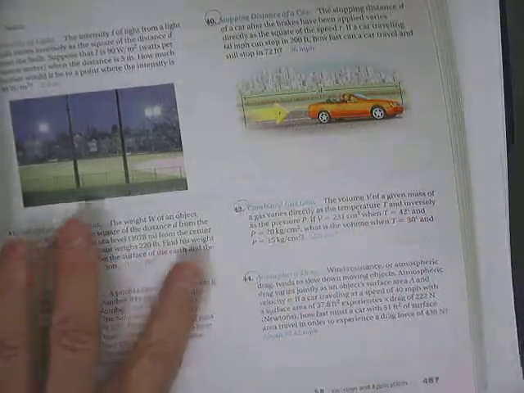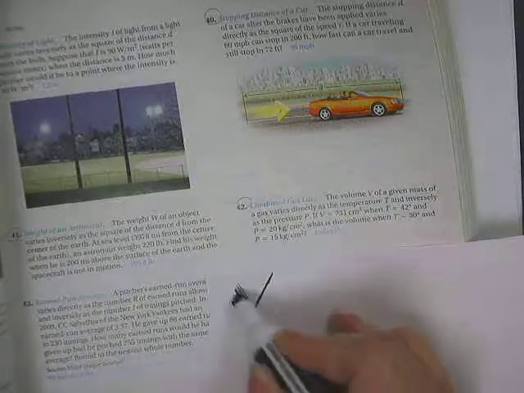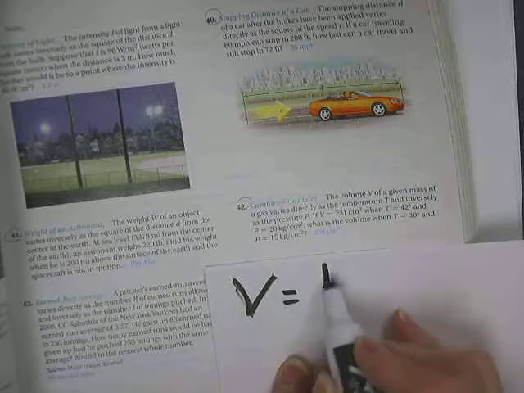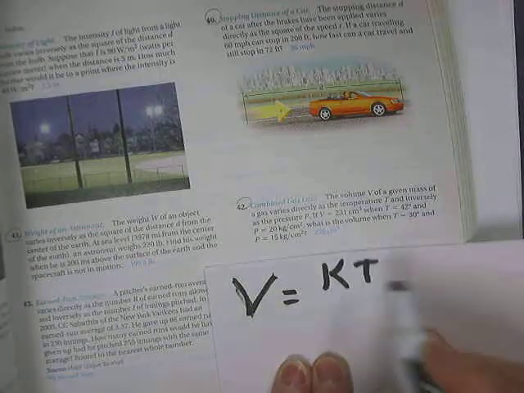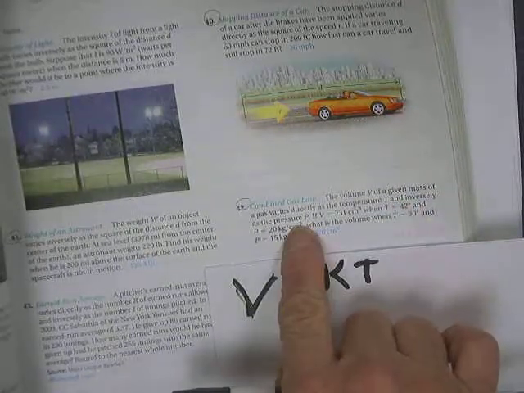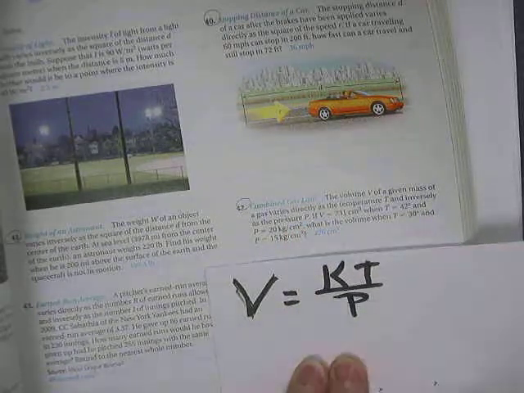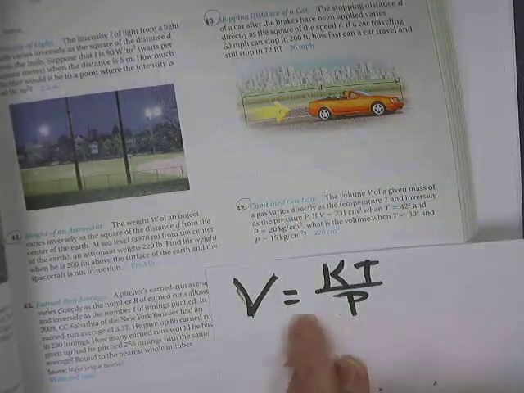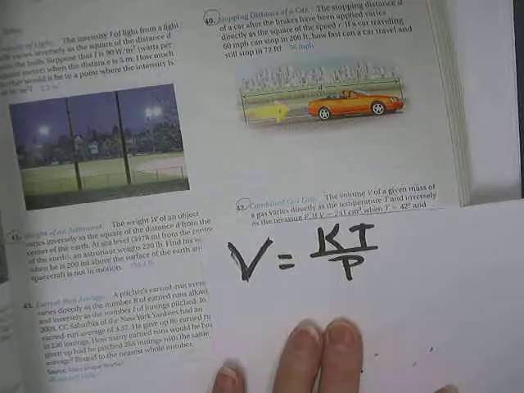Ah, here's a fun one. Alright, let's do this one. It really doesn't look fun, but let's do it anyway. Number 42. The volume of a given mass of a gas varies directly as the temperature and inversely as the pressure. Let's write something down before we just say all these words.